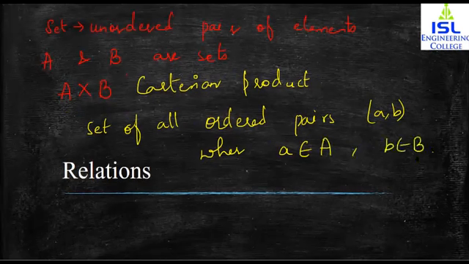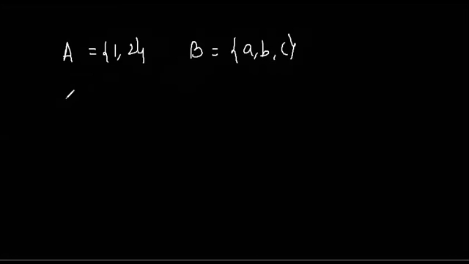Now, let's take an example of the Cartesian product. Take the set A as {1, 2} and the set B as {a, b, c}. In this case, what will be A cross B?